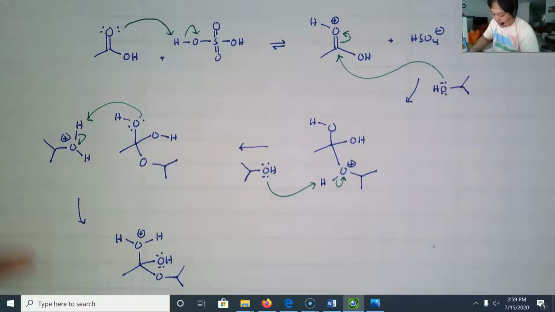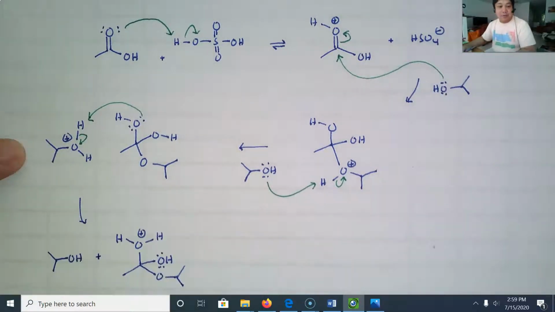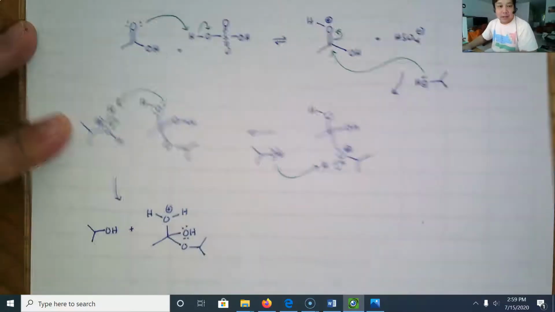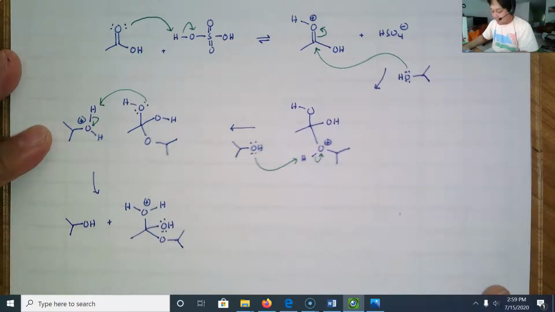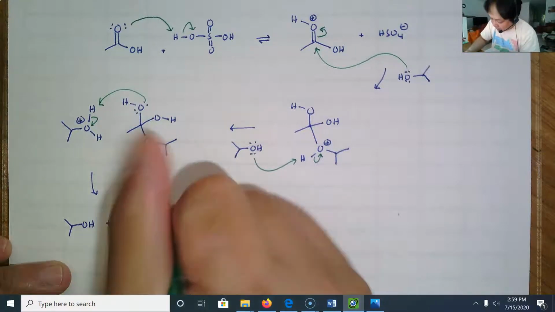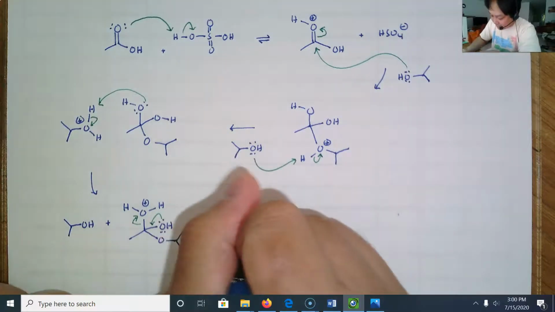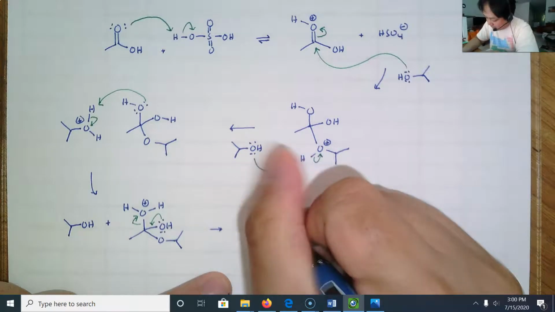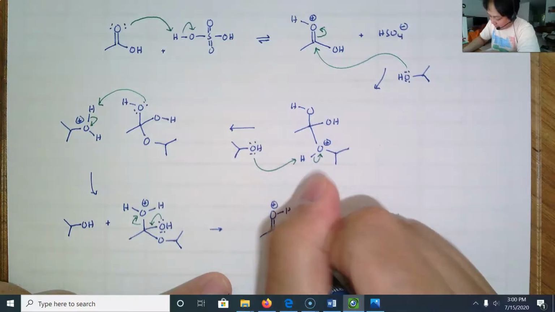Anything else I need to put? Neutralize that isopropanol. Let me zoom out so we can get the full mechanism on the screen. Okay, the last, or maybe second to last step, is kicking out the leaving group. I'm curious to see how many steps this is. We have, okay, so now we have this OH plus. We have our alkoxy.